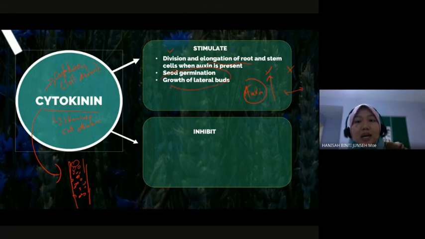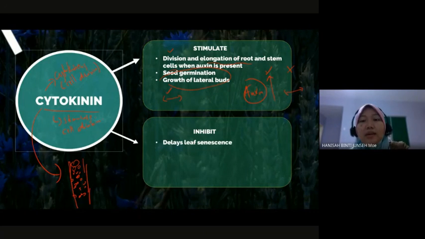Cytokinin is to promote or stimulate the growth of lateral buds. All right. Inhibit means stop. It is to delay leaf senescence. Just now we learned about abscission. Abscission means falling off, cutting off. But senescence is the aging process.